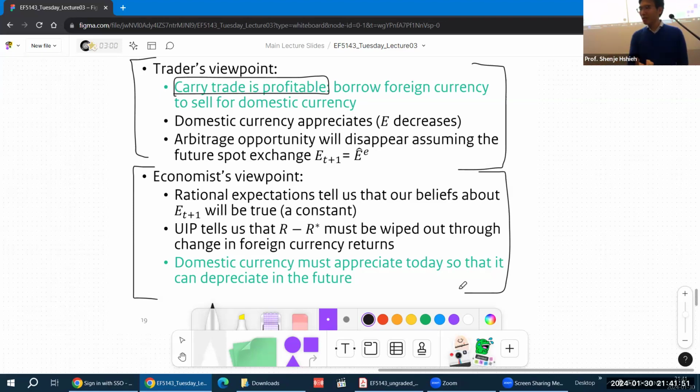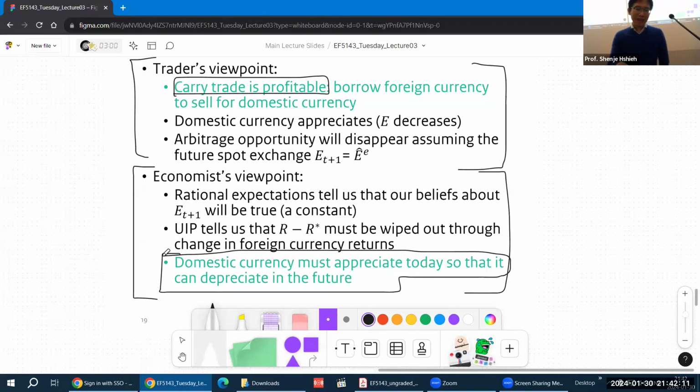If the currency depreciation is not enough, there must be a change in the spot price E today, so that it's either larger or smaller than before to match the interest rate differentials, so that we're back at equilibrium again. The counterintuitive part that confuses people, I think, is the fact that the currency has to move in one direction today, and that's opposite of the direction it has to move in the future, right? That's what might confuse you.